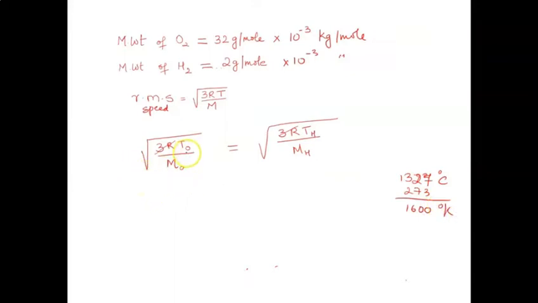So this TO is 1600 Kelvin divided by the molecular weight of oxygen, 32 into 10 raised to minus 3, is equal to TH, which is what we have to find out, the temperature of hydrogen, divided by the molecular weight of hydrogen, 2 into 10 raised to minus 3. If you solve this, you will get TH is equal to 100 degrees Kelvin.